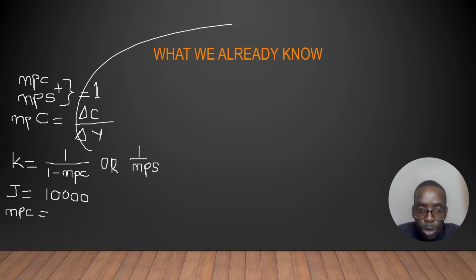So our formula, remember we said our formula is change in consumption. Now the change in consumption is 8,000, because at first they were consuming 5,000, now they consume 13,000. So the change there is 8,000.